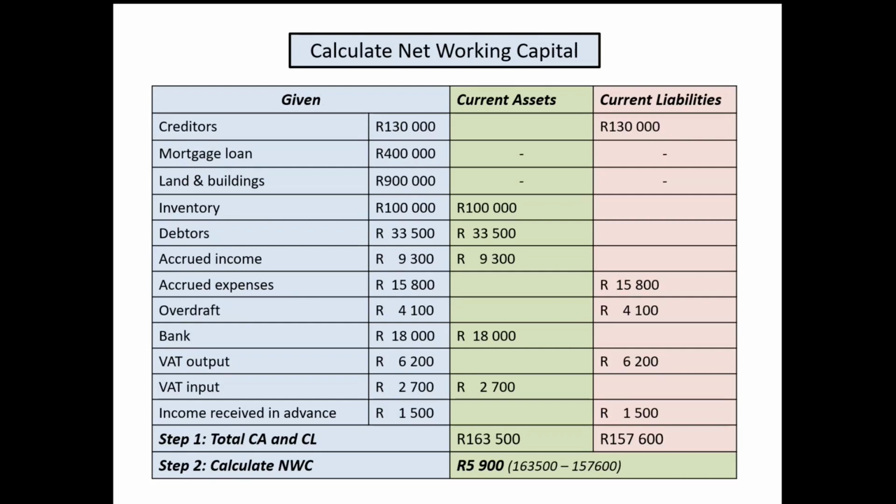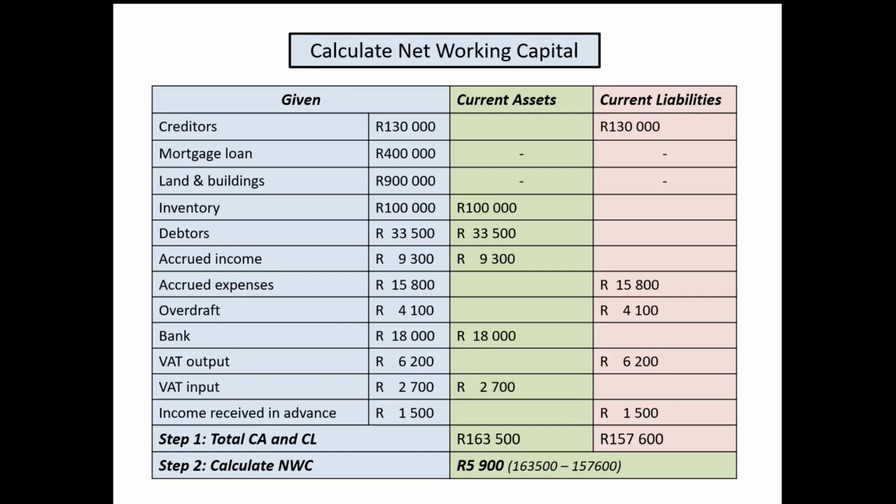Remember, output VAT is when you sell something, you collect some of the money on behalf of SARS. You have to pay that money within 2 months to SARS, so it is a current liability. Your VAT input is the amount that you are really going to subtract from that. So you could just have a VAT control account and then it would be the difference between the two. But in this case, I'm giving you VAT output as well as VAT input. So VAT input is a current asset.